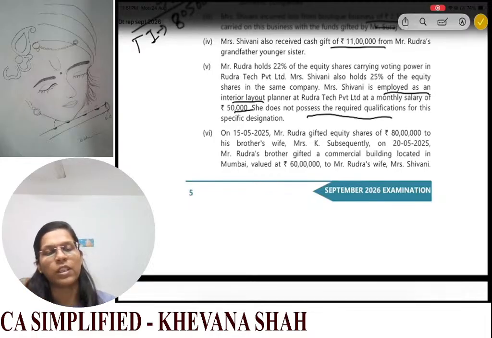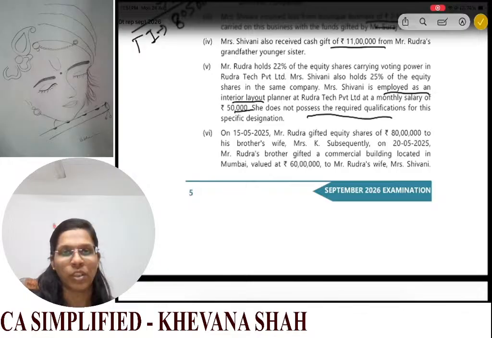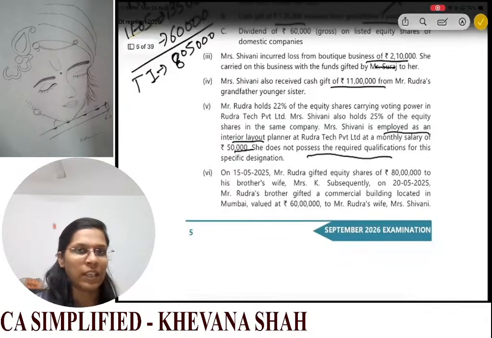She does not possess the required qualifications. Since she does not have the required qualifications, clubbing will apply. So taxable salary 50,000 into 12, 6 lakh, minus your standard deduction of 50,000. So your salary income will be 5,50,000.